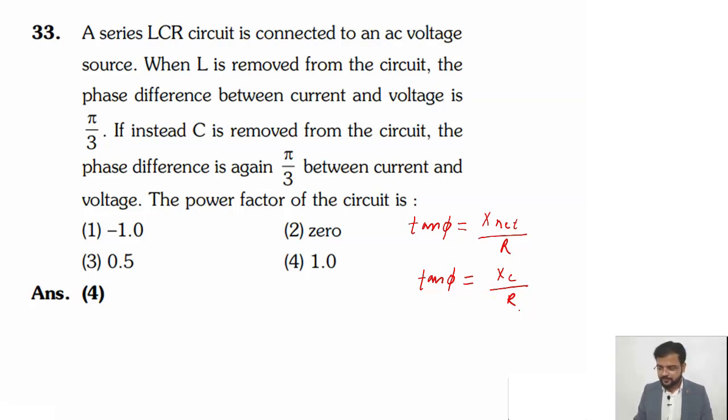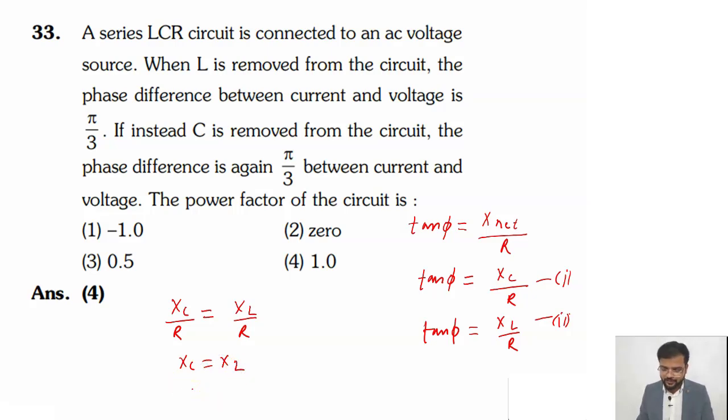Tan phi equals Xc by R. And if we remove C, meaning capacitance, then tan phi equals XL by R. Let's suppose this is equation 1 and this is equation 2. From equations 1 and 2, we can write Xc by R equals XL by R. So from here Xc equals XL, correct?